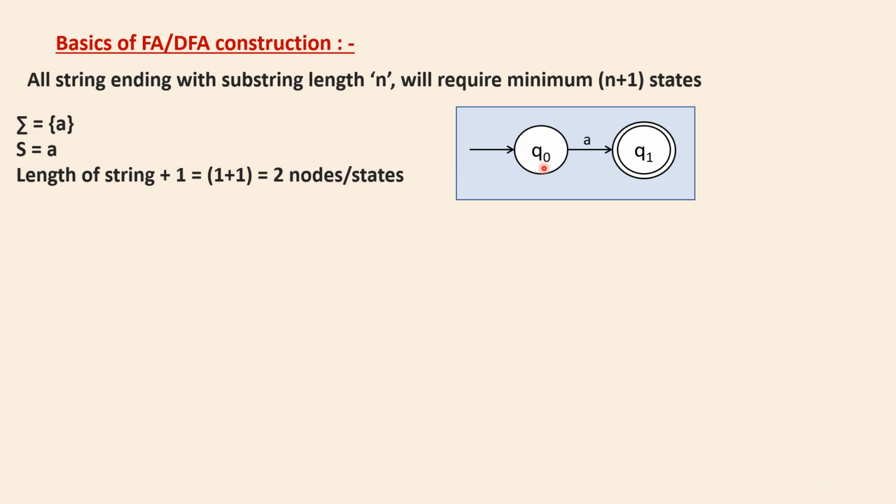So here I have Q0 and Q1. These are the 2 states where Q0 is the start state and on input A it is going to the final state Q1. Therefore the string is accepted. The string A is accepted as it is in the final state.